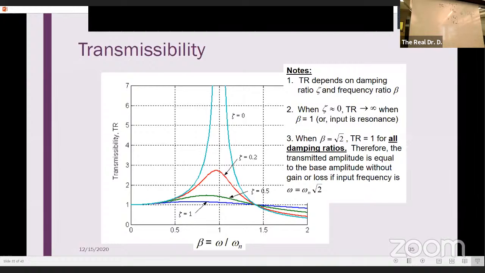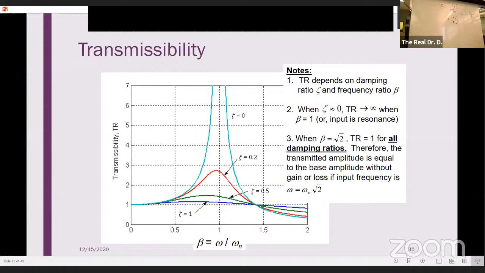If you can't get it greater than root 2, you want to make sure that your damping ratio is as large as possible so that you can push this down and minimize that resonant peak.